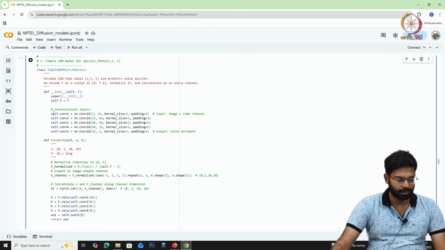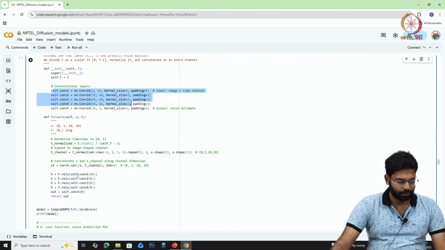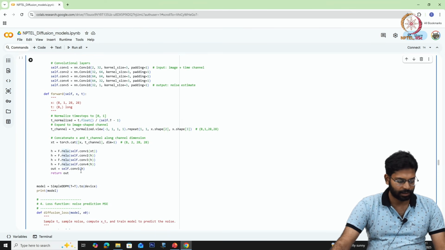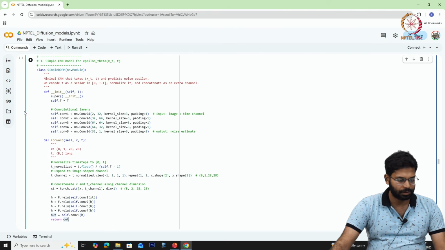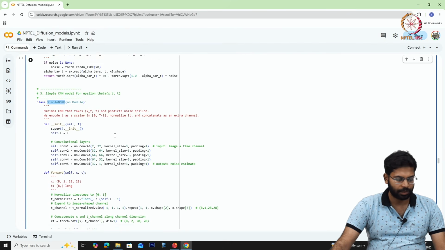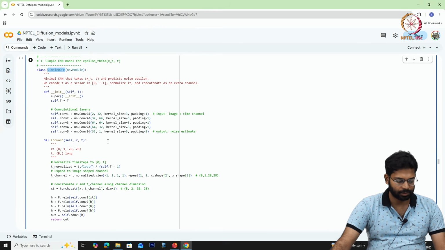So here are a set of convolution layers, and you define the forward function, which is a set of those CNN layers and ReLU activation functions, and so the job of this DDPM network is to predict the noise given xt and t as input.